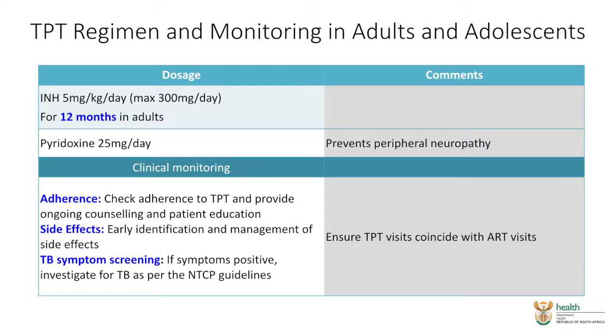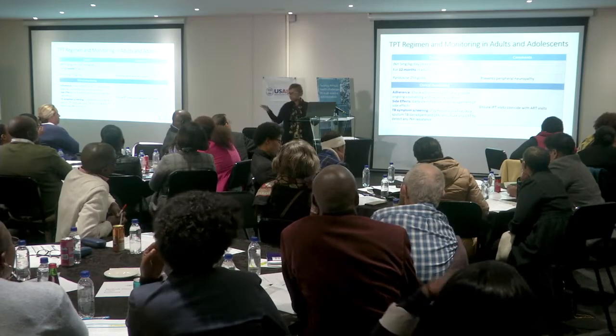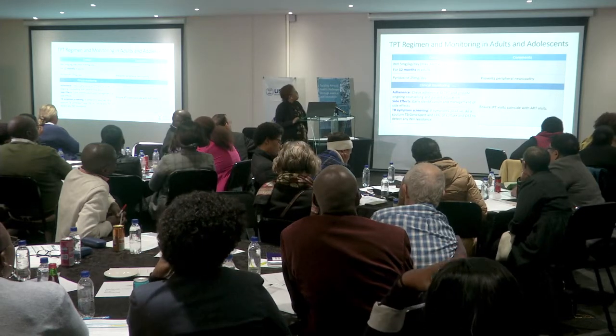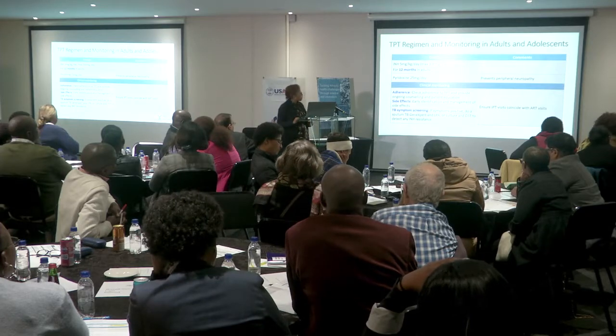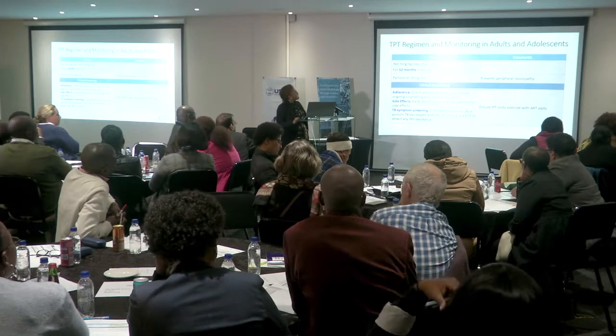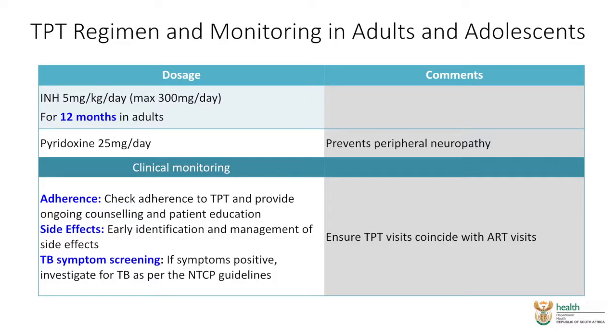It is still INH 5 milligrams per kg per day with a maximum dose of 300 milligrams per day. This is for 12 months across. Pyridoxine 25 milligrams per day to prevent the peripheral neuropathy that may result as a side effect. And clinical monitoring at every visit remains important.